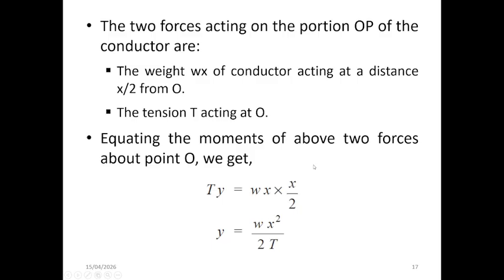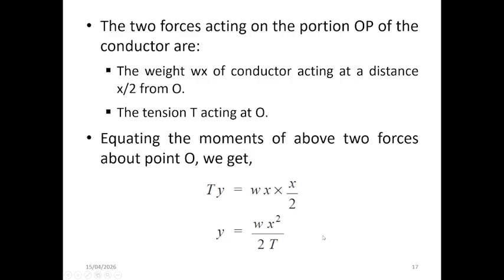To relate these forces, moments are taken about point O. By equating the moments of the two forces, we obtain that Ty is equal to Wx times x over 2, which simplifies to this equation.